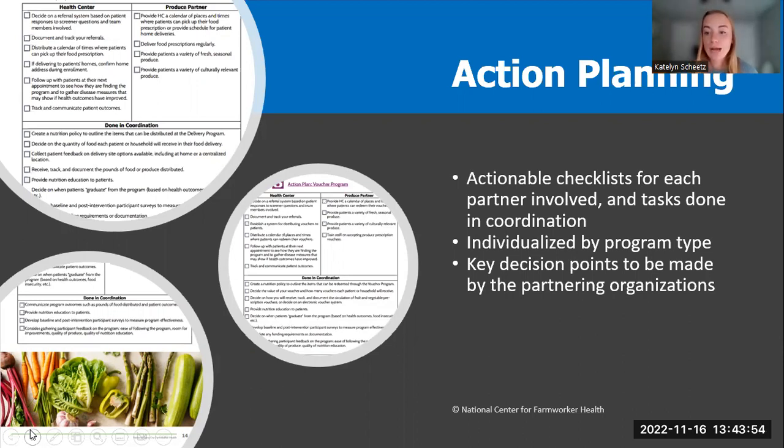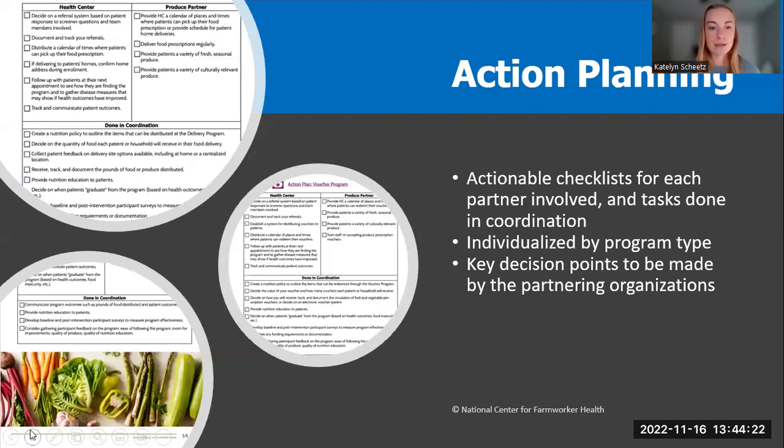So we included action planning checklists in the guide, which you'll see are broken down by the partner involved. These action planning lists are also divided out by program type, just like the readiness assessments. So whether it's referral programs, delivery programs, or voucher programs, each program has an action planning list.